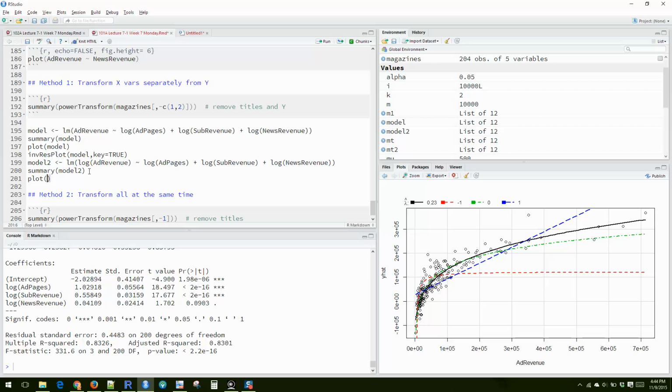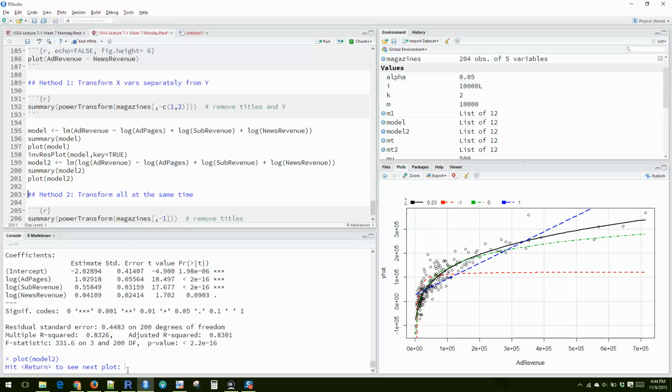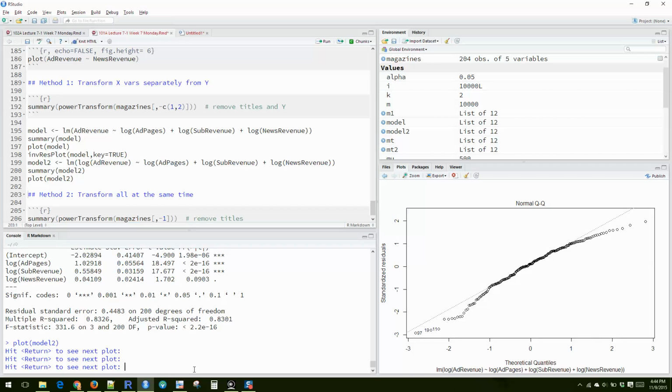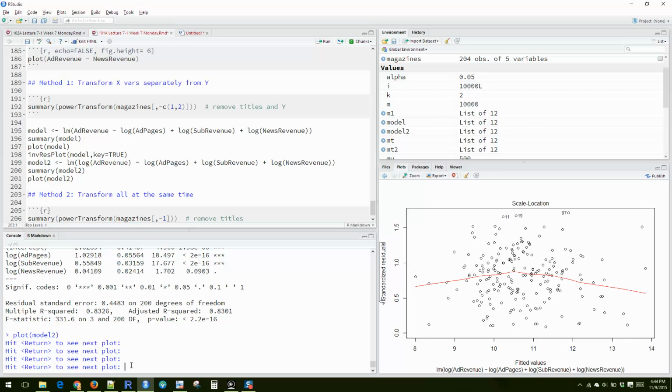Let's take a look at our diagnostic plots. Again, we're not looking at individual ones here. We probably could, but we look at the residuals versus the fitted values. This looks a lot better, right? We see maybe some potential problems with our standardized residuals, but this looks pretty good.